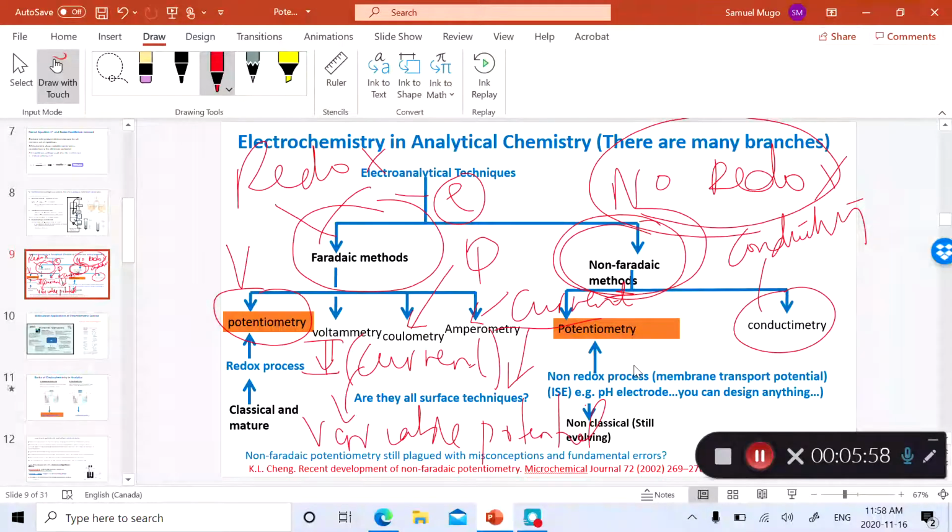Because of the usage of terms, they are used interchangeably. And even the theory for the non-classical potentiometry has been borrowed from the classical potentiometry. And sometimes, it is not very accurate. And so based on Chang's paper, you're going to see some of those inaccuracies.